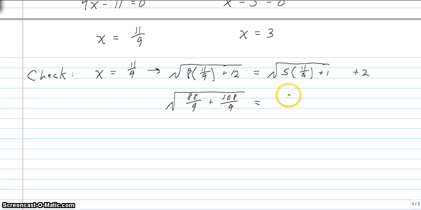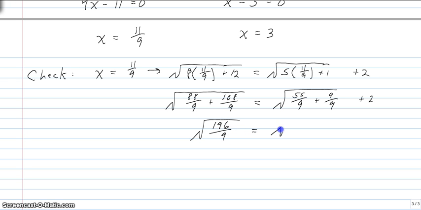And same thing here, this is going to multiply to 55 over 9, but 1 is equivalent to 9 over 9, and then plus 2. When I add these, I get 196 over 9. I add these, I get 64 over 9.